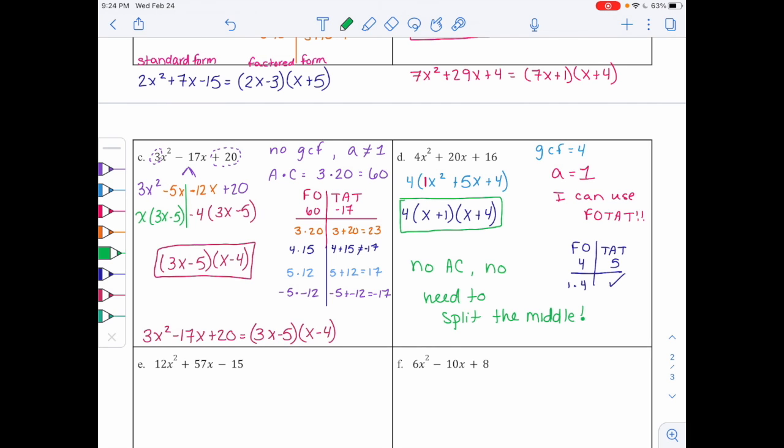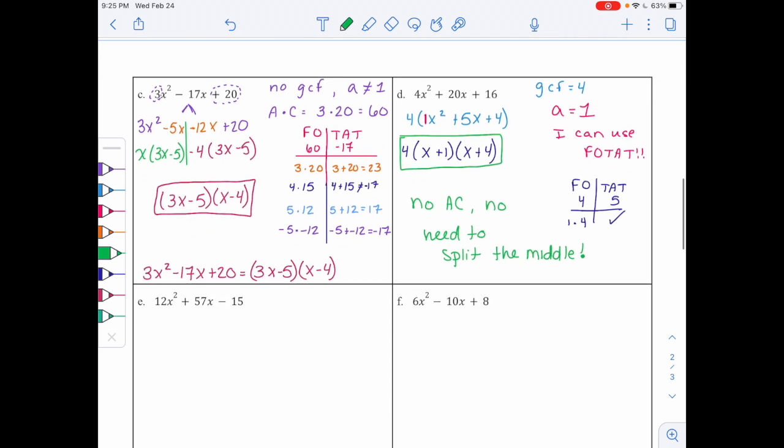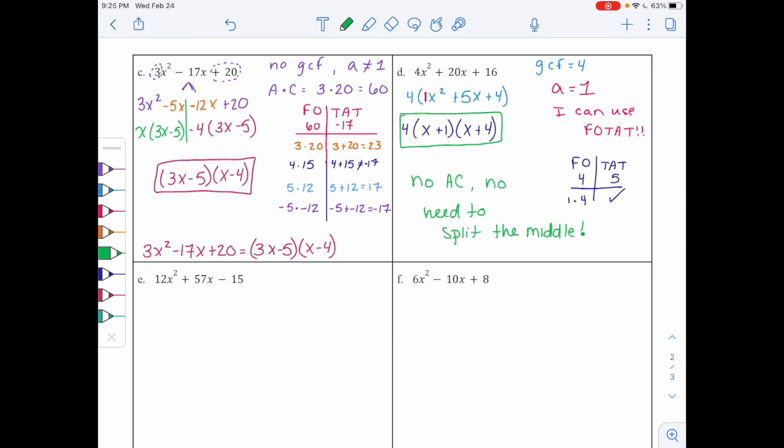I didn't need to make it into 4 terms because it works with FOTAT. A was 1. So that's why it's important to factor out that GCF. It can be really helpful and make a problem much faster.